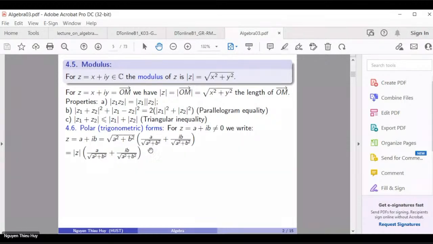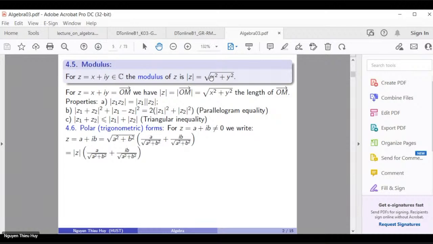So we write this way. We draw this modulus out, and the inside will be a over modulus of z plus ib over modulus of z. So remember, the square root of a square plus b square is exactly the modulus of z as defined previously.